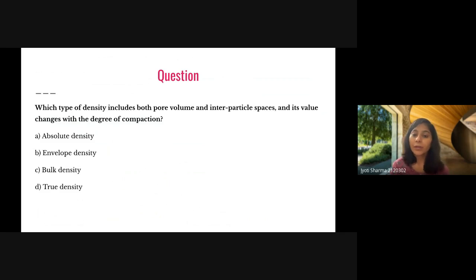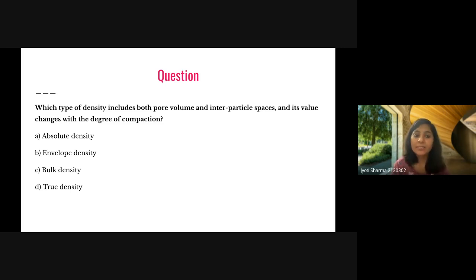Okay, we were talking about the ultimate analysis and proximate analysis. The density is a part of proximate analysis, and we have different types of density.